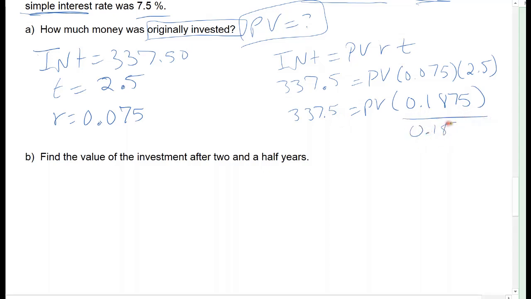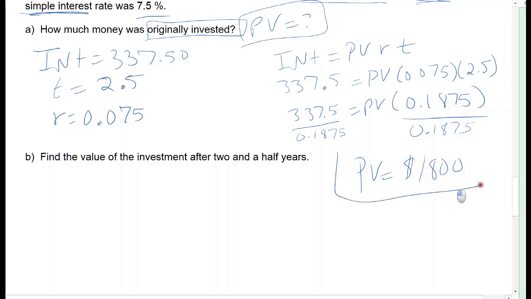Alright, so no rounding till the end of the problem. So divide by the exact value, 0.1875, so you take your $337.50, divide by the 0.1875. If you do that, you'll get the present value is exactly $1,800. And that's the answer that would be accepted.